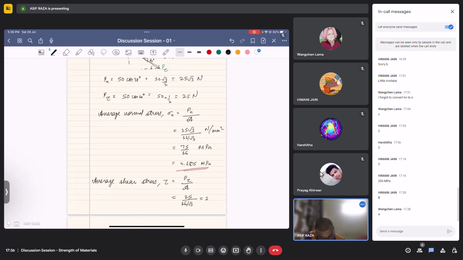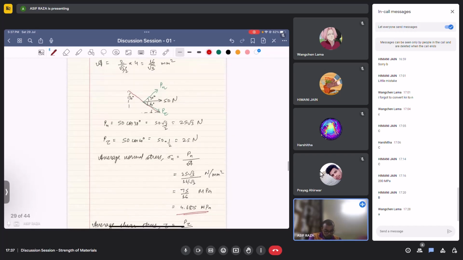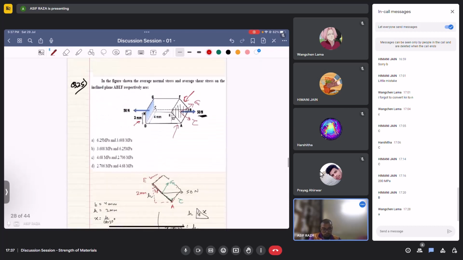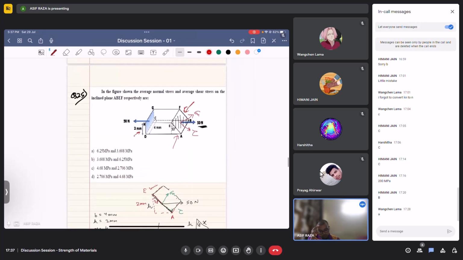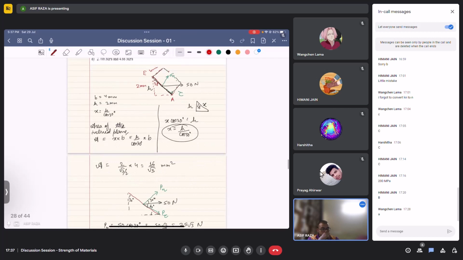So this would be equal to 2.706 megapascal. Okay, so let's match it up with the answer. 2.706 is the shear stress and 4.6875 is the normal. So 4.68 and 2.706. Option C would be the correct answer.